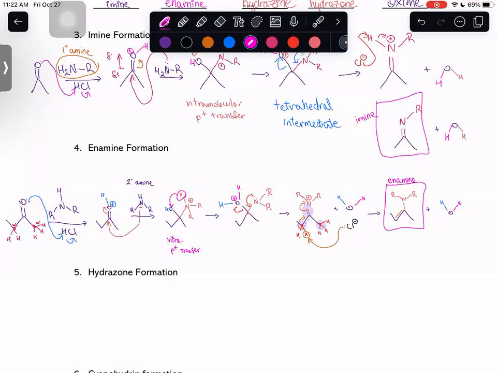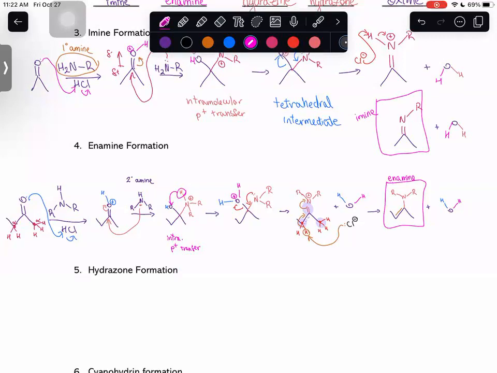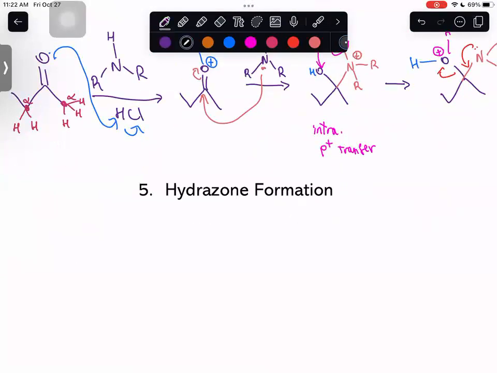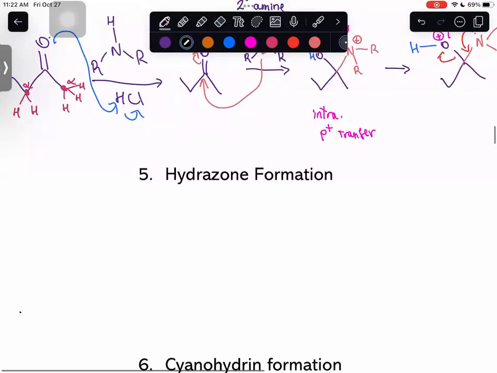Okay, let's talk about our hydrazone formation. And now we can go back to a simple ketone. And let's use HCl. What was the reagent for this reaction? Enamine? Hydrazone was the product.